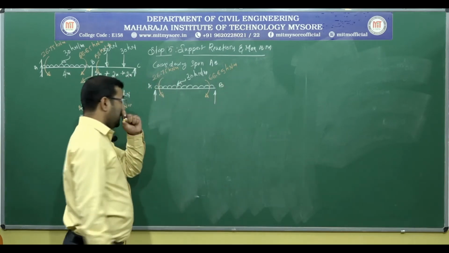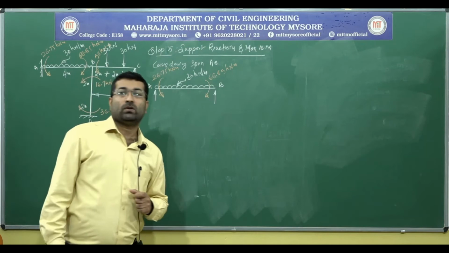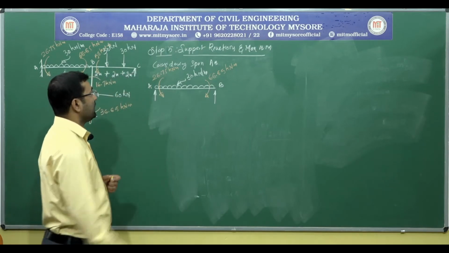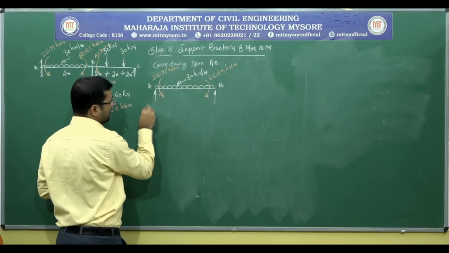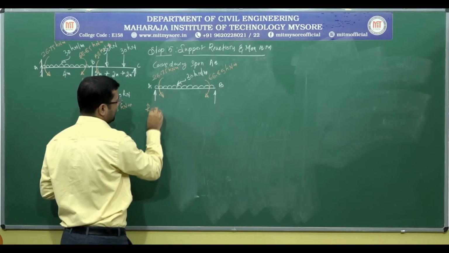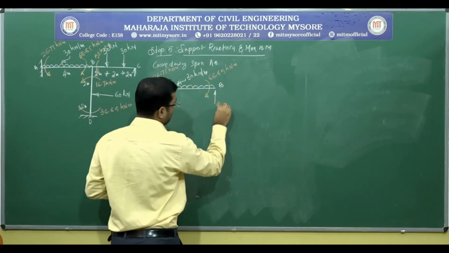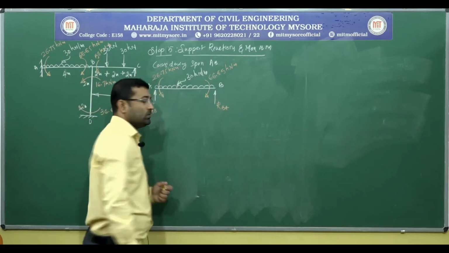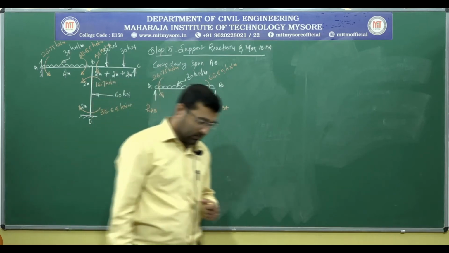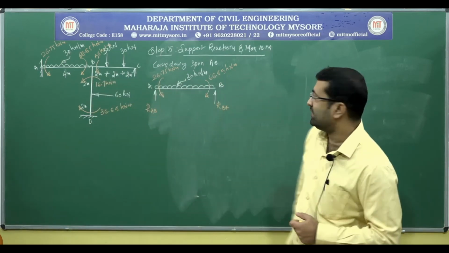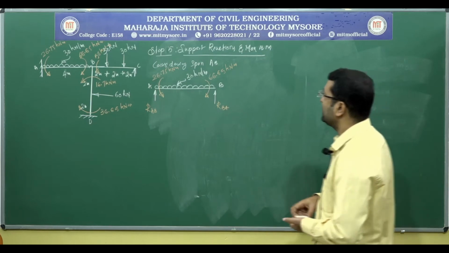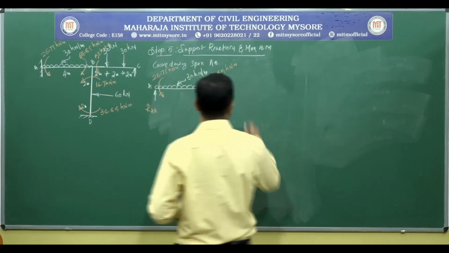So these are the two end moments we have. Because of this loading and the end moments, there is a development of the support reactions RAB and RBA, which we need to determine. To determine this, I will impose the equilibrium condition.